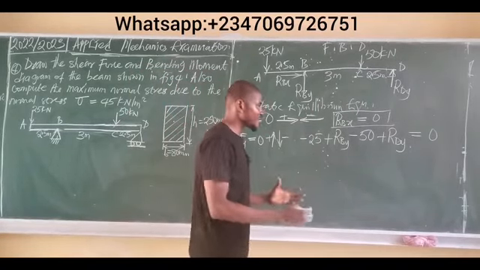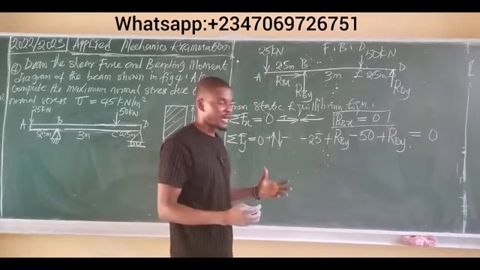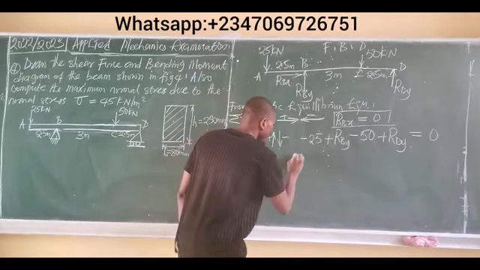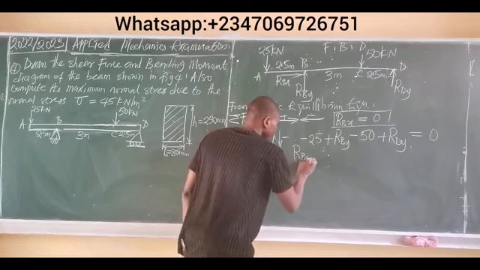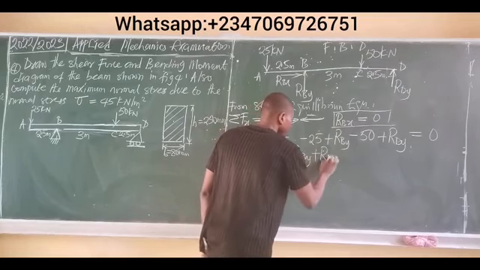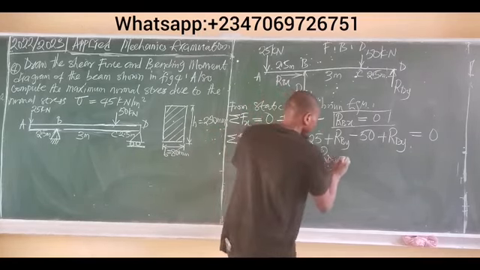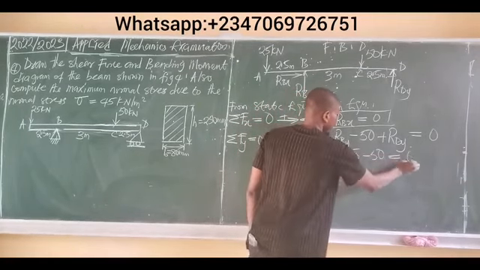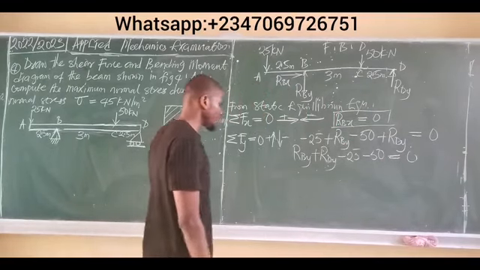Now, let's rearrange the equation, bring the unknown terms together and the known values together. So we have RBY plus RDY, minus 25 minus 50, and this is equal to 0.